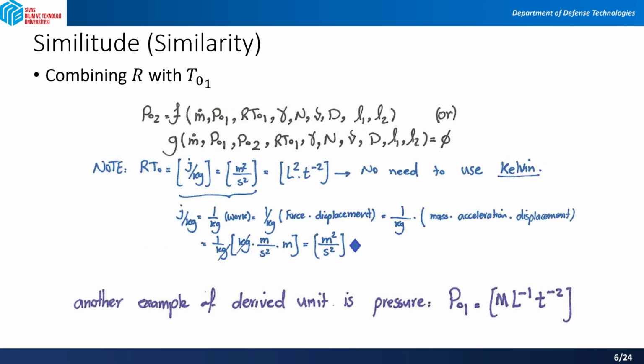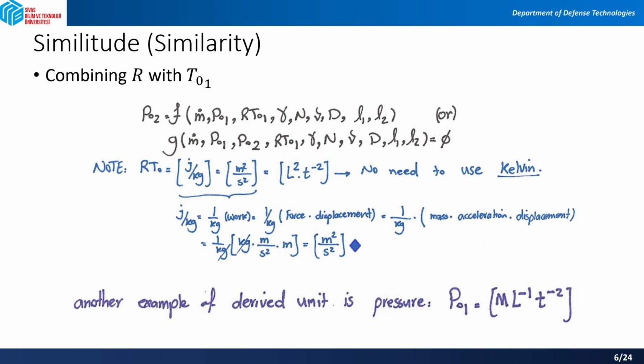And now we are trying to make it simpler, much simpler. How? First of all, let's combine R with T0 and write the combination as RT0. So your pressure or anything can be a function of mass flow rate, pressure, RT0 and so on.